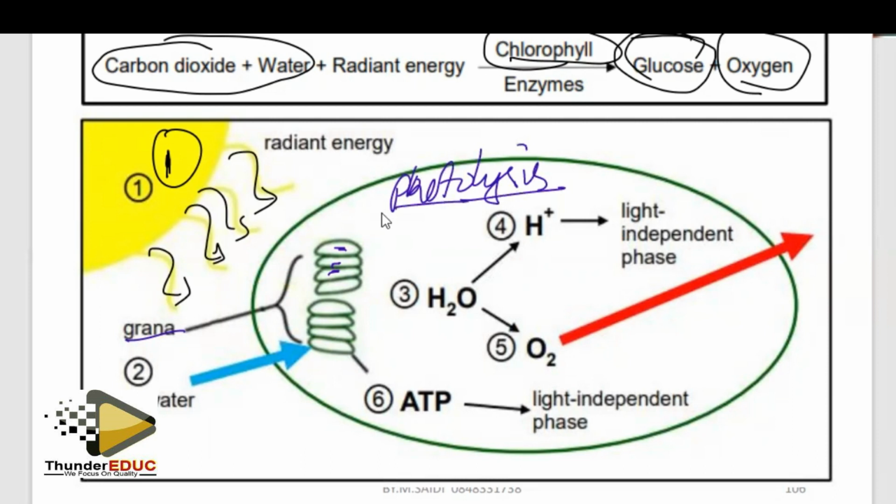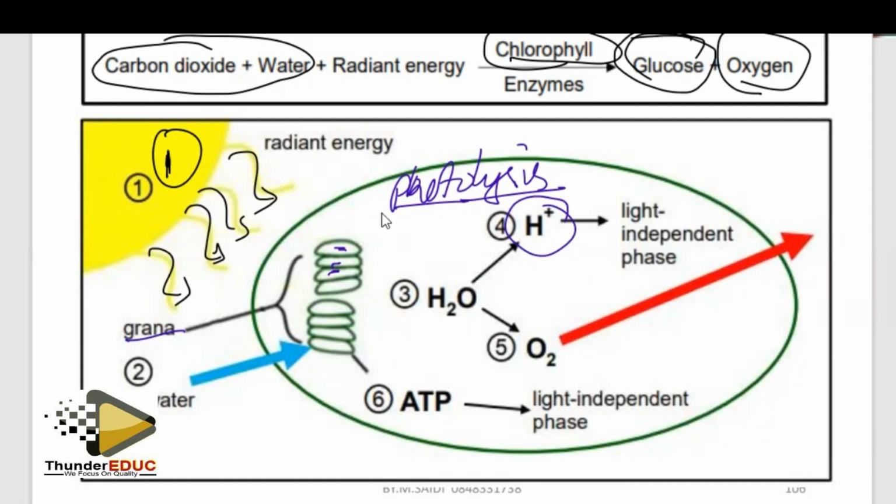You are splitting using light. So this light is going to help carry out photolysis. Photolysis occurs when water is split. There is a chemical way we can present it, but generally, this is what is happening.